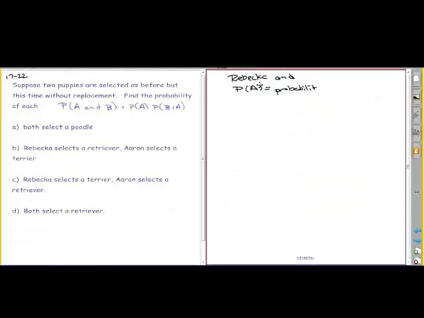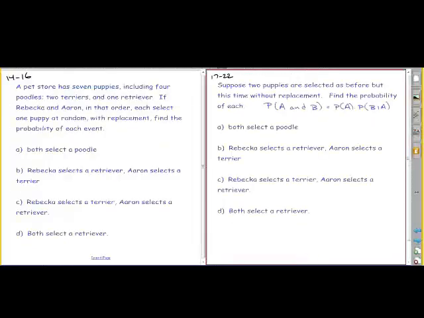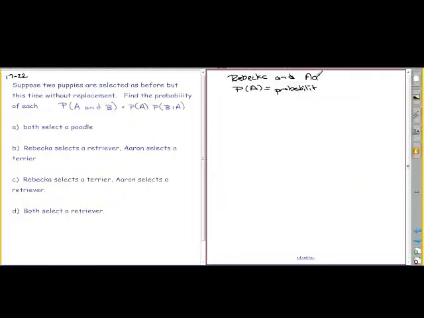Is that how they spell it? And Aaron, that's another one you could spell different ways. Okay, so Rebecca's going to choose it first, and then Aaron.